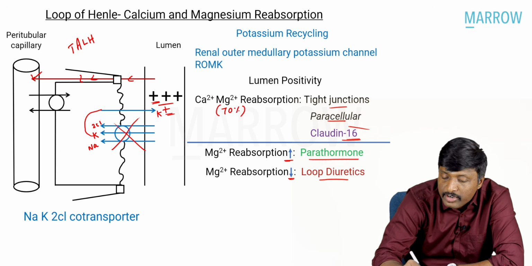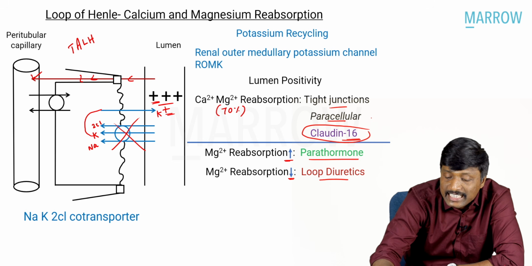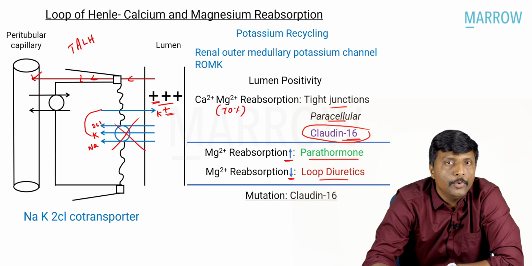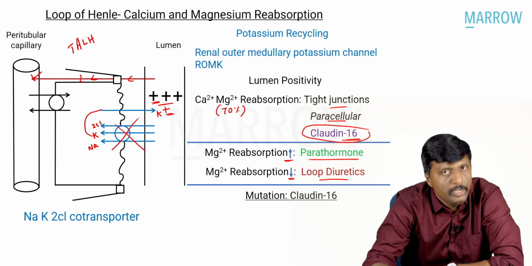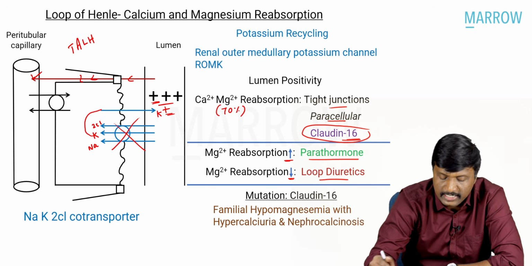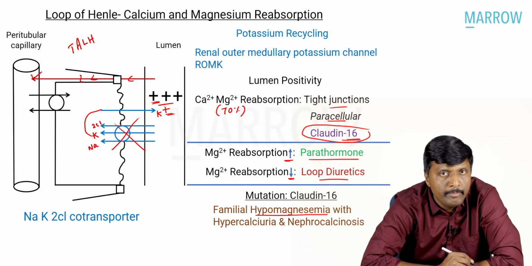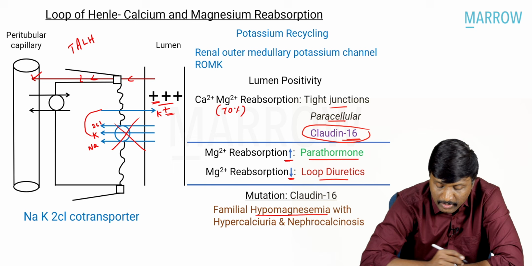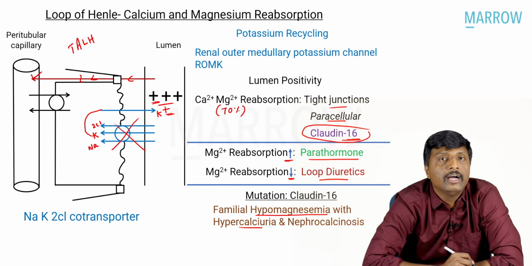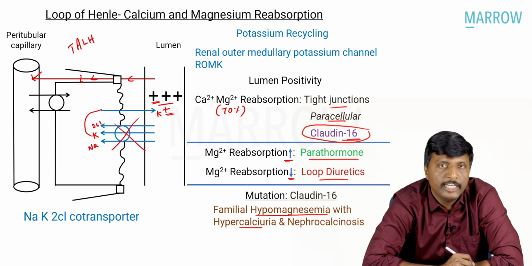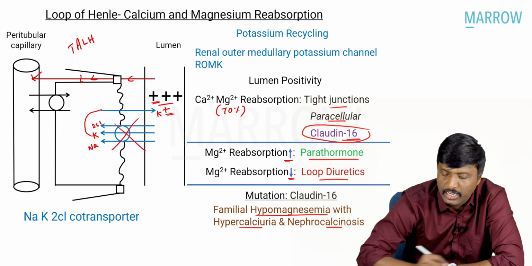What happens whenever there is a mutation in this claudin 16? Then also magnesium reabsorption will not happen. We call this familial hypomagnesemia because all the magnesium is excreted in urine. Familial hypomagnesemia with hypercalciuria. Calcium is also excreted in urine, leading to renal stones, nephrocalcinosis.